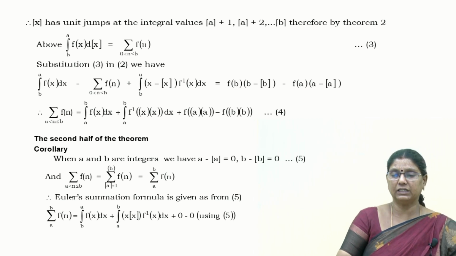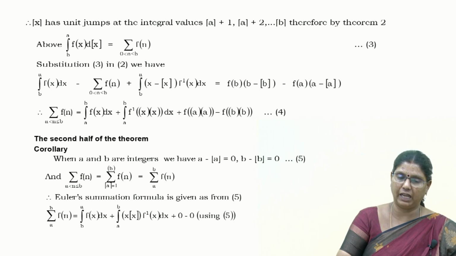Here [x] has unit jumps at the integral values a + 1, a + 2 etc., and therefore by a theorem we can write the integral from a to b of f(x) d[x] as the summation of f(n). Now, we substitute this in equation 2, and we can write the integral from a to b of f(x) dx minus the summation of f(n) plus the integral from a to b of ([x] − x) f'(x) dx equal to f(b)[b] − f(a)[a].